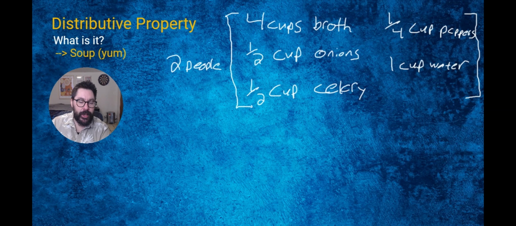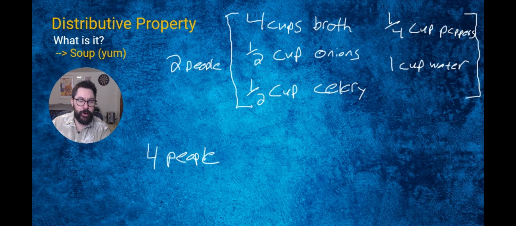So now you want to make the soup, but you need it for 4 people. We can't use the exact same quantities of ingredients because we won't have enough soup for 4 people. And so we can see that twice as many people are going to show up.